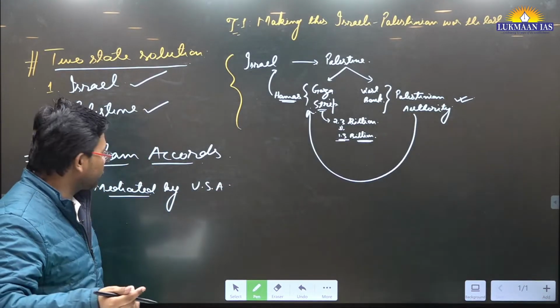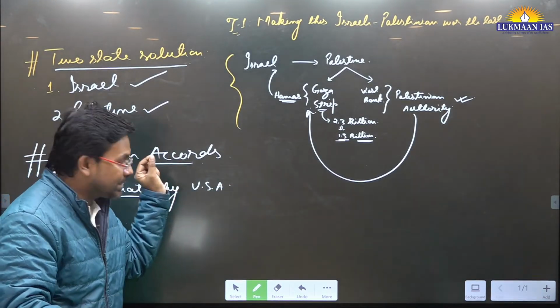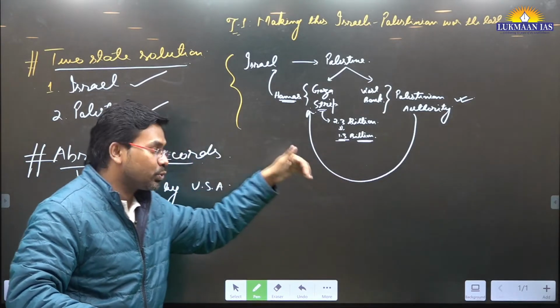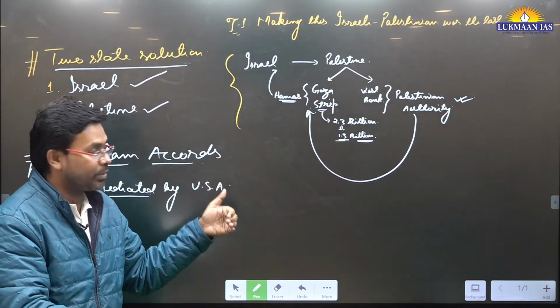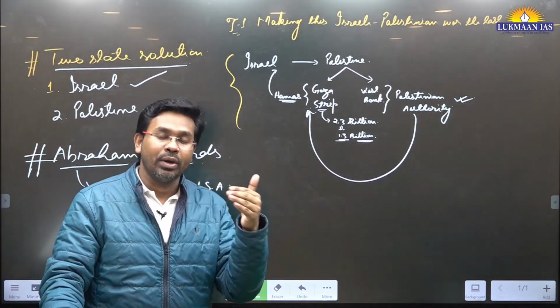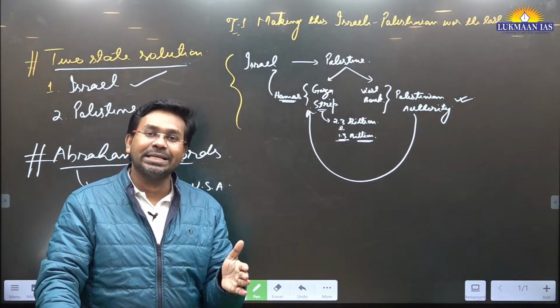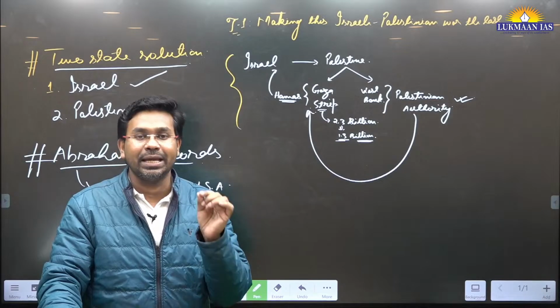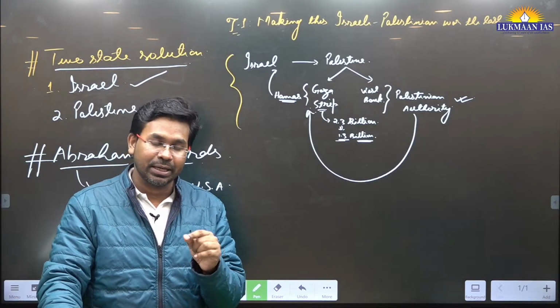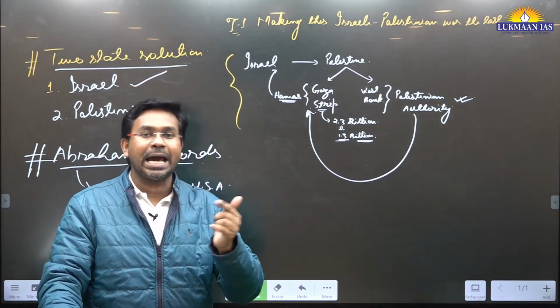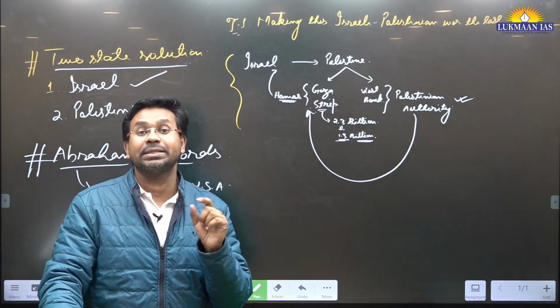What it wants to do is normalize Israel's ties with other Arab states so that Israel can stay peacefully. What is the situation now? In Israel, as of now, most Israeli citizens are staying in constant fear because they feel that the entire world is against them. But this is not the case.